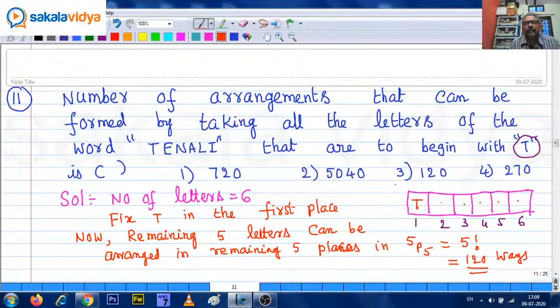This is the answer. So the third option is the right option. Venkata Raghuram, correct. Yes, 5 factorial ways. Keeping T in the first place, the 5 places are to be filled with 5 things. That can be done in 5P5. 5 factorial is 120.